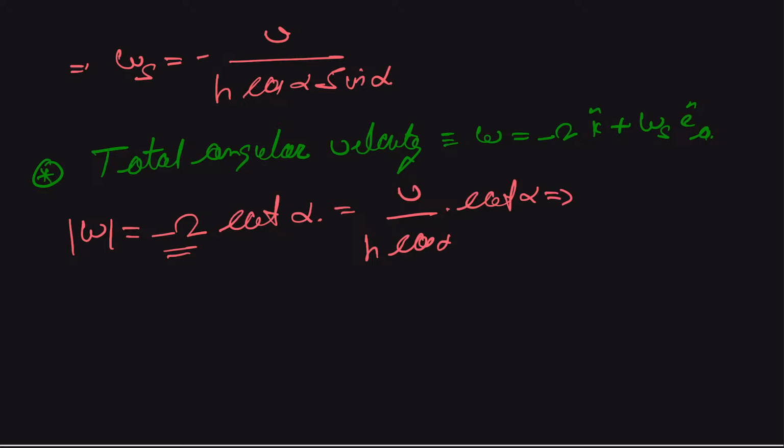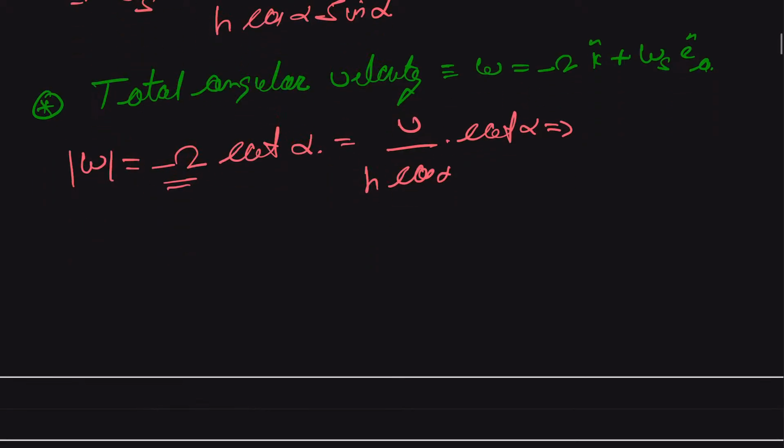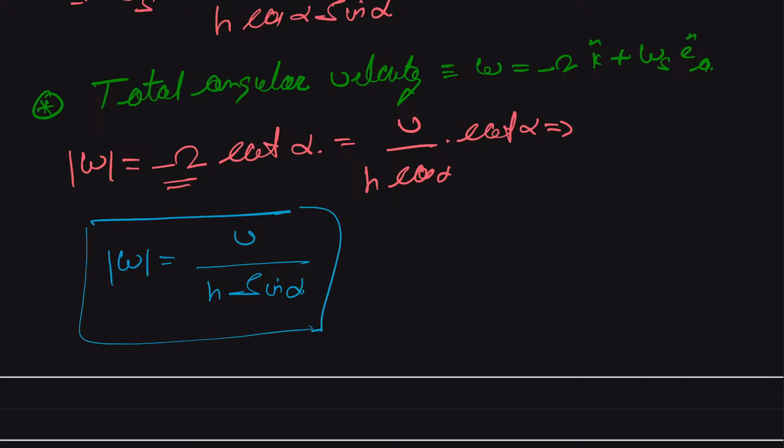Therefore cot alpha we can write cos upon sine, so cos is going to cancel out. Therefore we get that the magnitude is equal to v upon h sine of alpha, which was our required answer. Okay. So this was the first question.